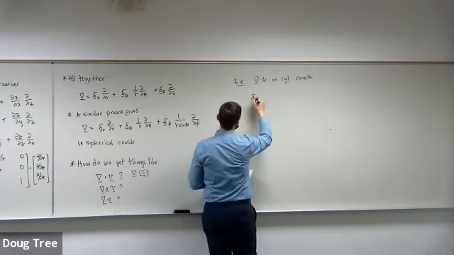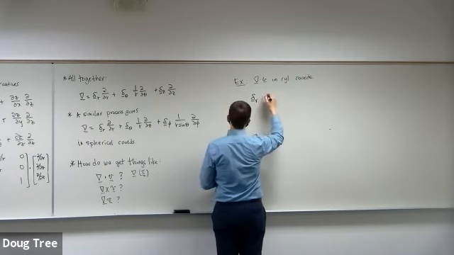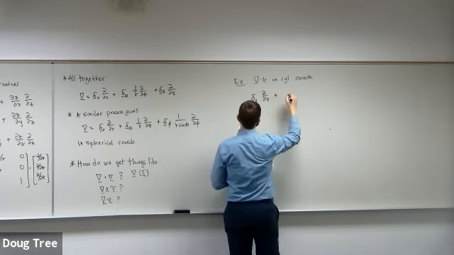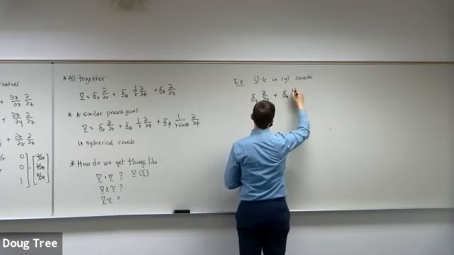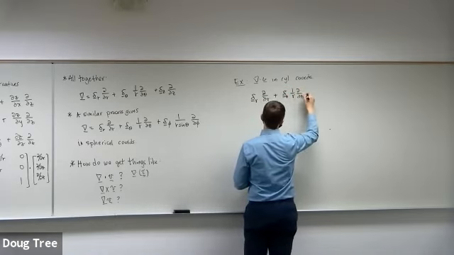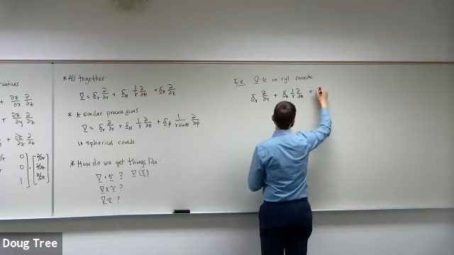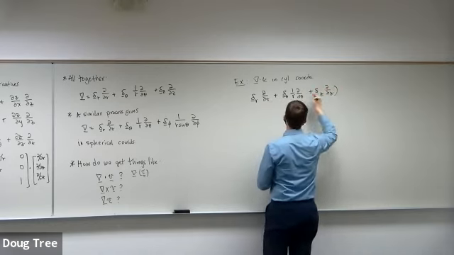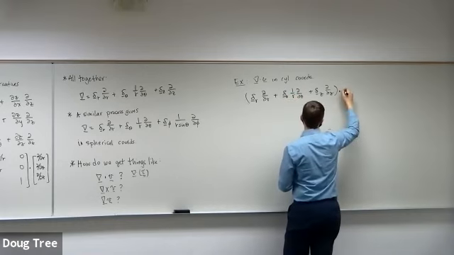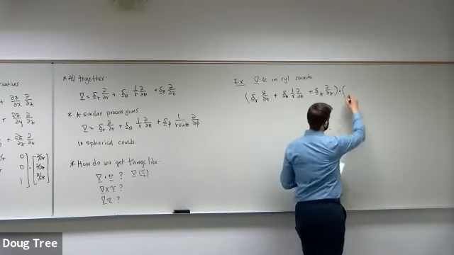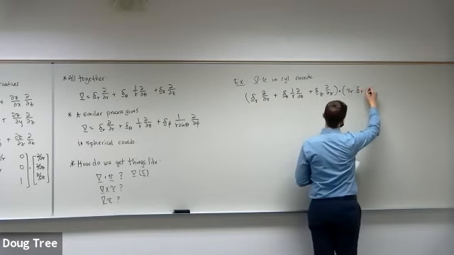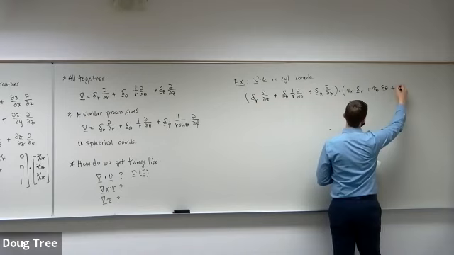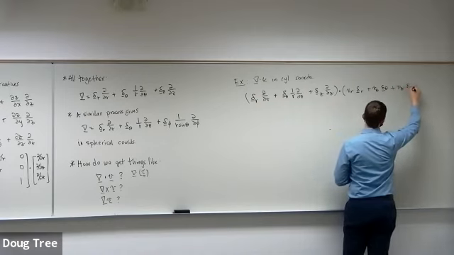So I do delta r d/dr plus delta theta 1 over r d/d theta plus delta z d/dz, dotted with, and now I have v_r delta r plus v_theta delta theta plus v_z delta z.